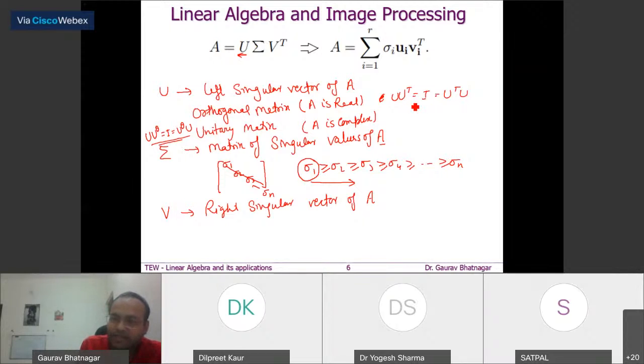So what is so beautiful about this particular relation? This relation will ensure that your matrix is going to be invertible. Because if you take the relation U^T U = I, this essentially says that U inverse is nothing but U transpose.